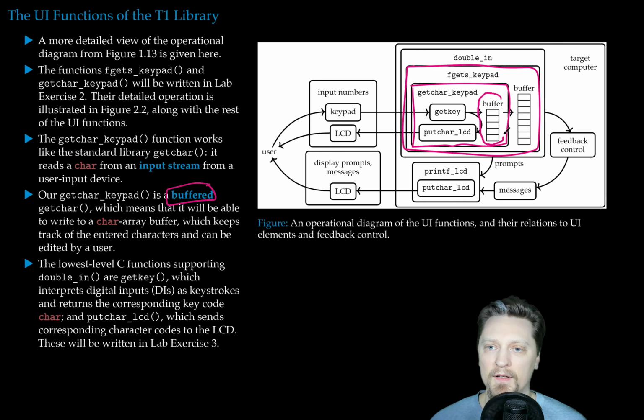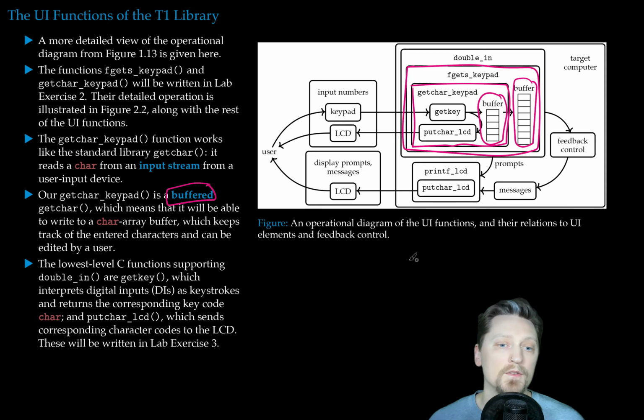You're going to have a buffer inside of get care keypad, which keeps track of the entered characters and can be edited by a user. So we're going to have an editable buffer. There will also be a buffer in F gets keypad at a higher level. So we'll learn about how that interaction should go in the lab exercise.